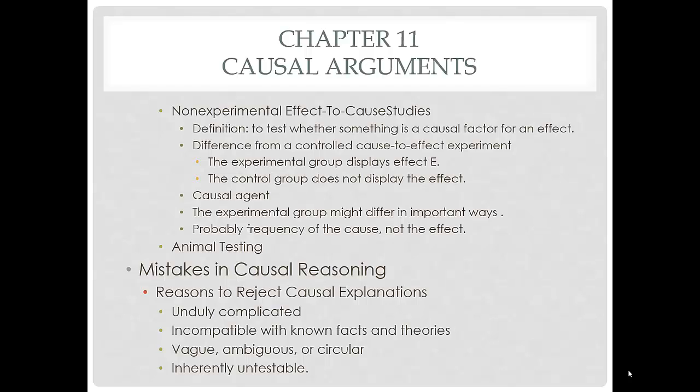Secondly, if you're going to take the results involving, say, the monkeys or the rats and extend it to human beings, this requires an argument by analogy, and hence that is also an inductive argument, which leads to the problem of, again, even if all your reasoning is done carefully and all your premises are true, your conclusion could still be mistaken. And so that brings us to the end of looking at the studies and experiments. And next, we'll turn to mistakes in causal reasoning.